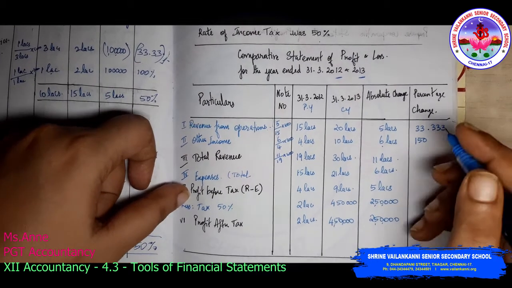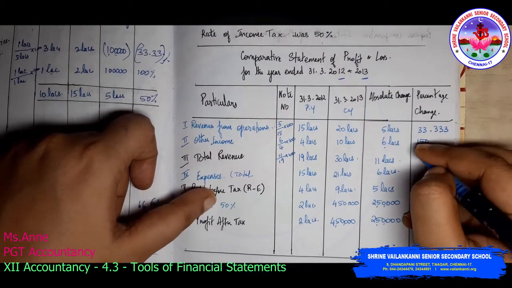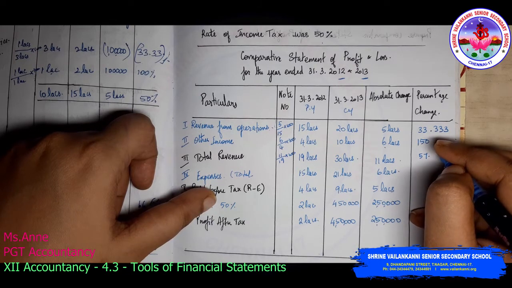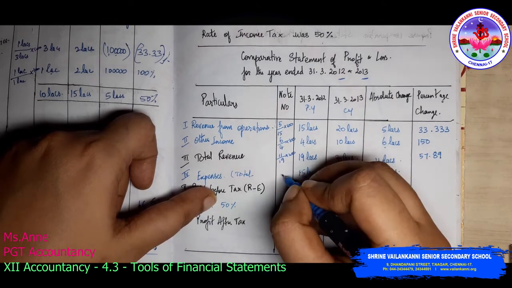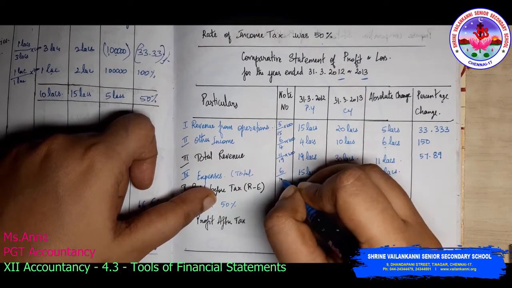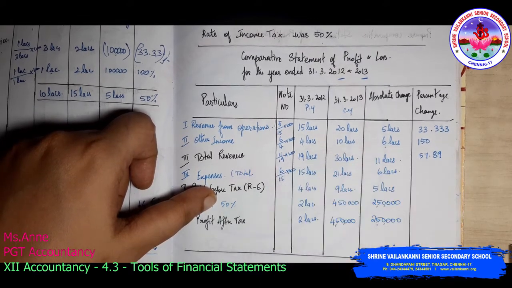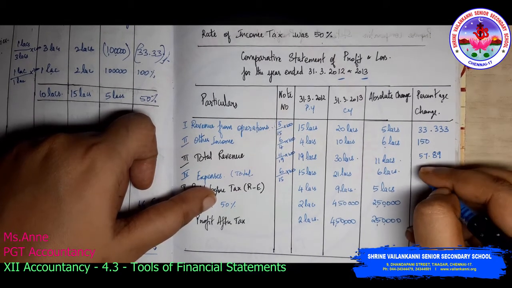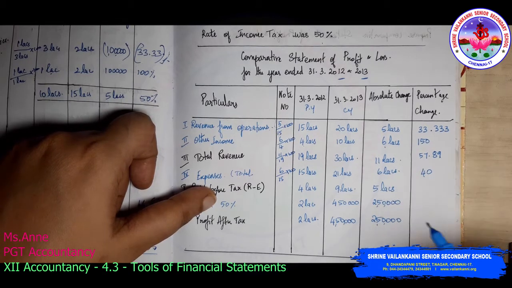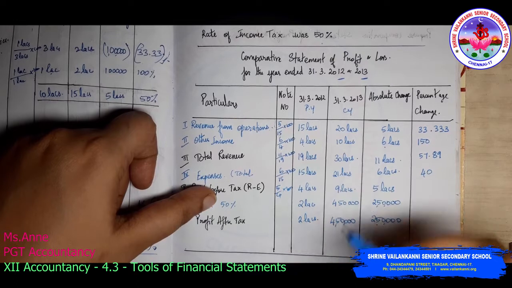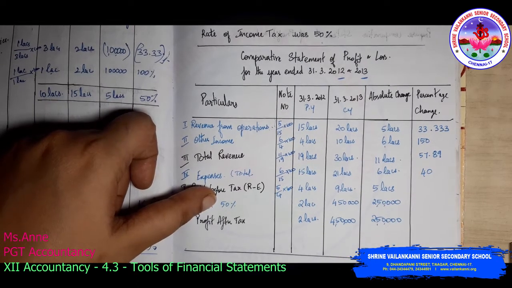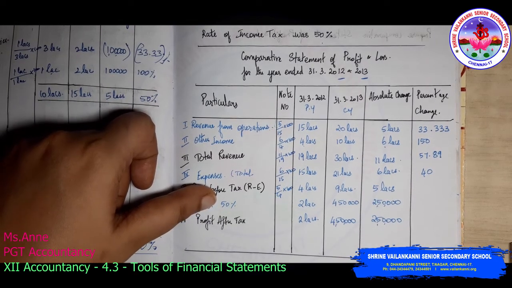So it is 57.89%. Then 6 on 15 into 100 will be 40%. Then 5 on 4 into 100, I'm getting 125%.